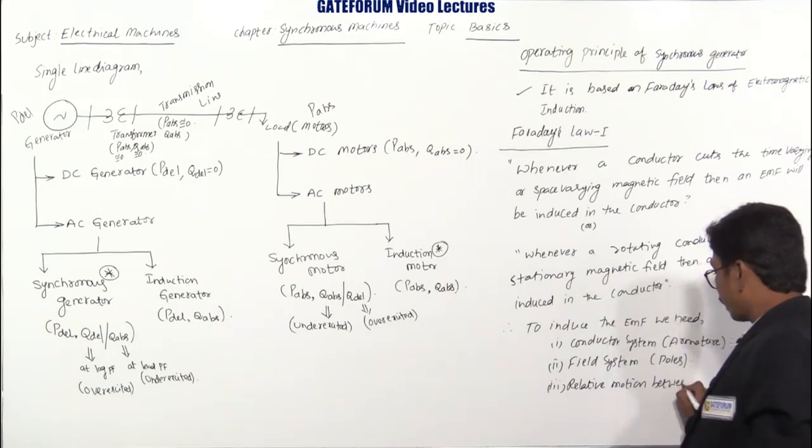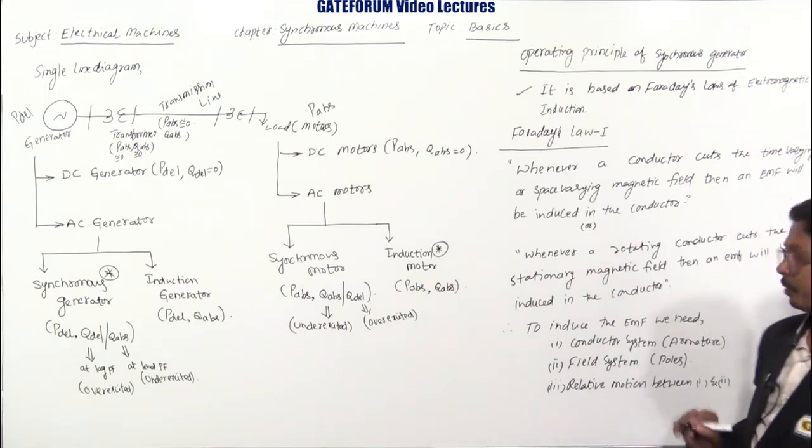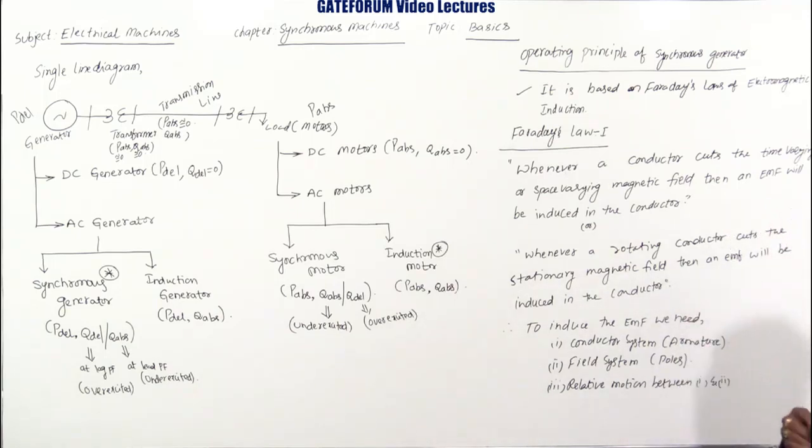Relative motion between the conductor and the field. It may be the conductor rotating or the field rotating, so we need relative motion between the two.